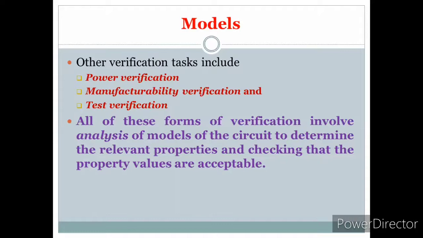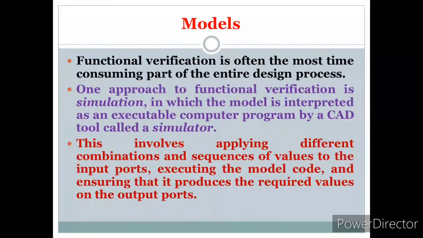Whatever model we are designing should meet certain relevant properties, and these properties should be met in an acceptable range. We should not neglect any of the important properties present in the design.